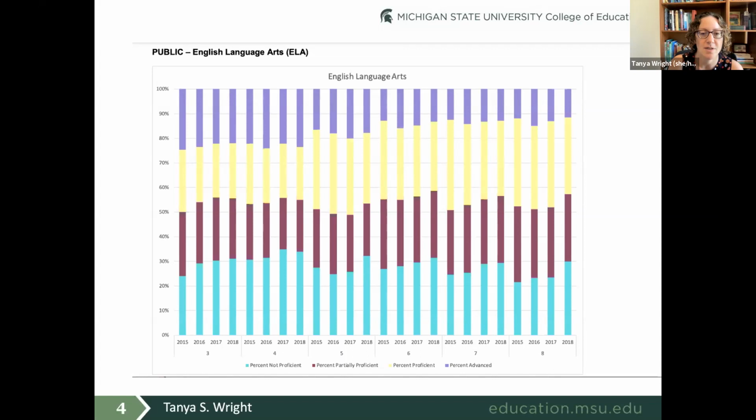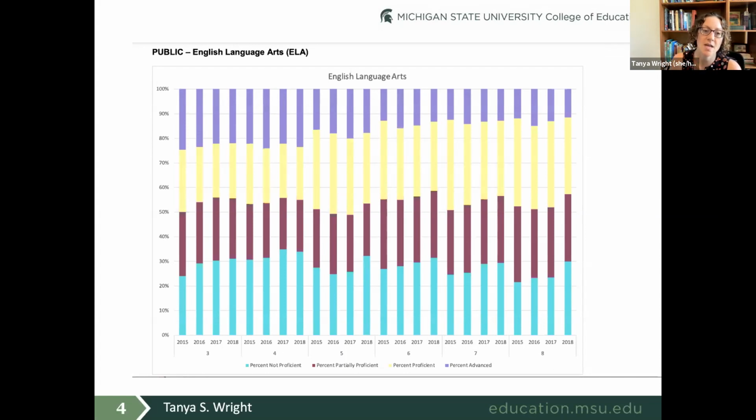So if you look between yellow and maroon, everything below yellow are the kids who are not meeting grade level standards, at least according to M-STEP scores. And you can see that when we look at that maroon line, it's always around 50% or just above 50%, sometimes substantially above 50% in some grade levels in particular years.